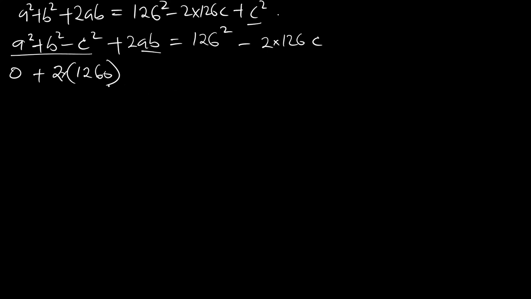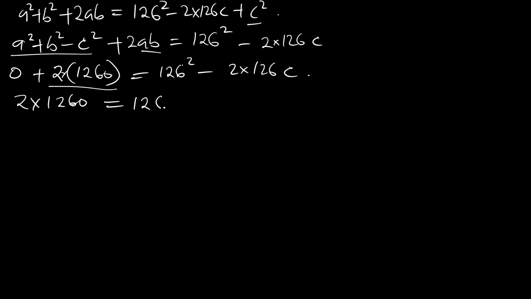That means 2 times 1,260 is equal to 126 squared minus 2 times 126C.